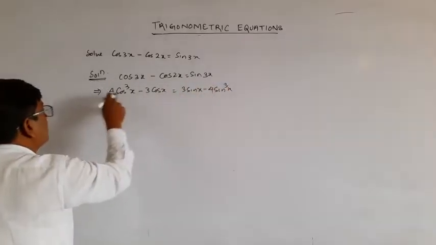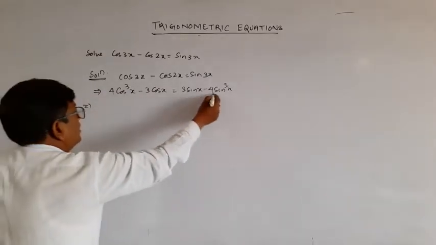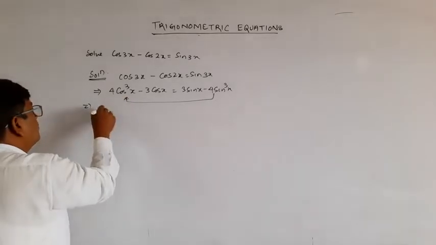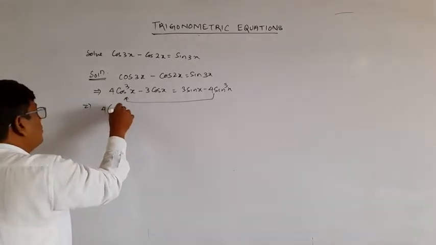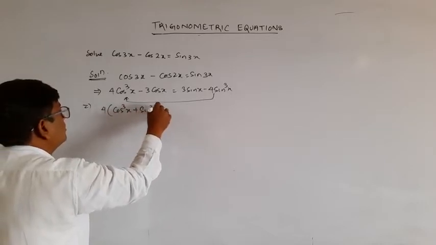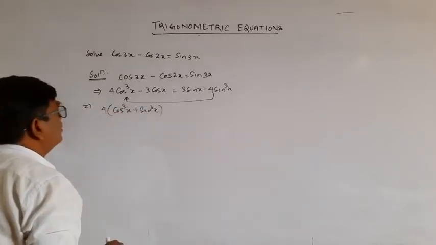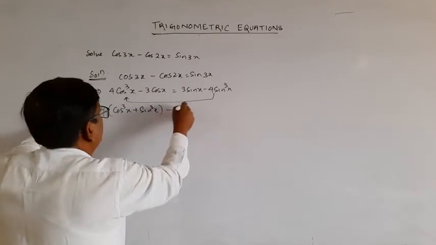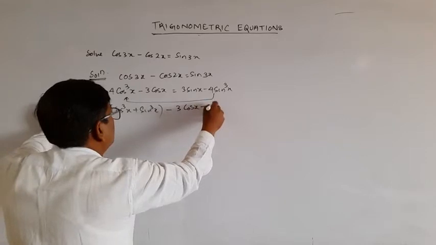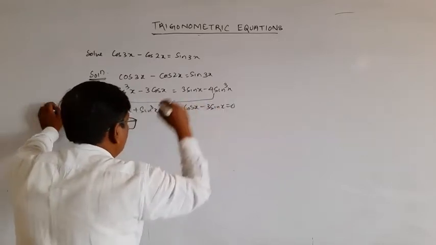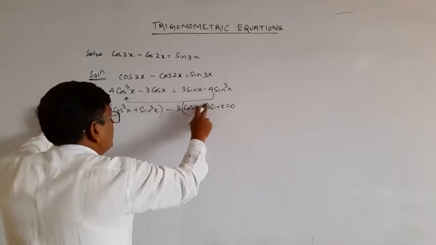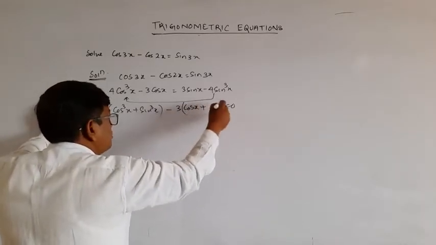So take this side, take nearer to this, and take 4 common. So 4 into (cos cube x plus sin cube x) minus 3 cos x minus 3 sin x is equal to 0, or we can take minus 3 common here.